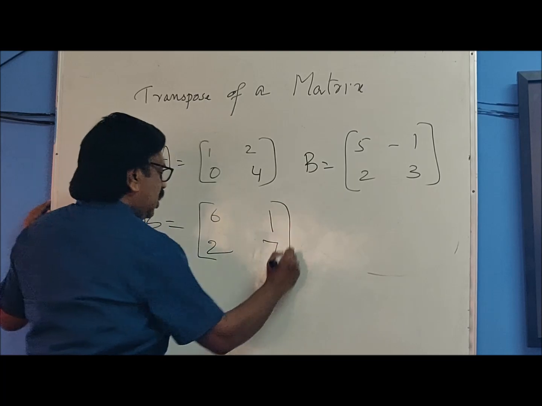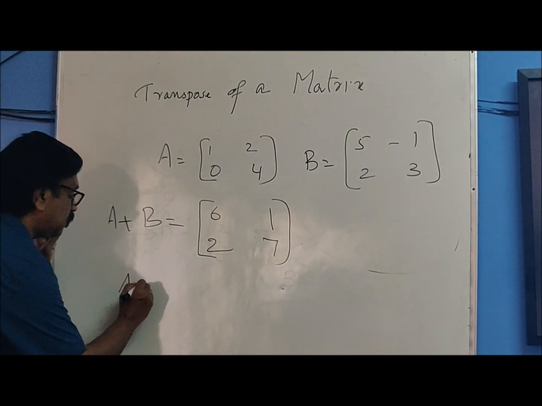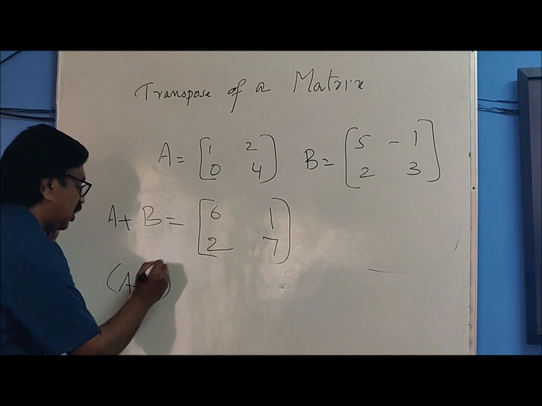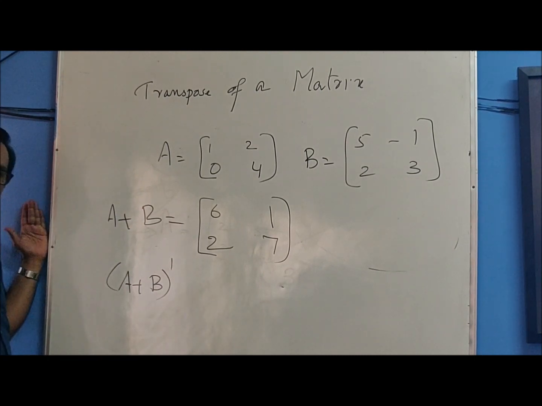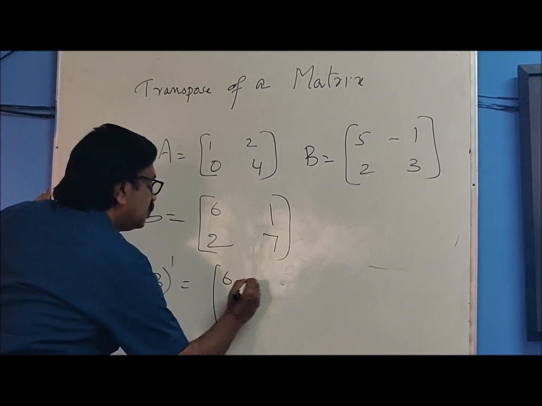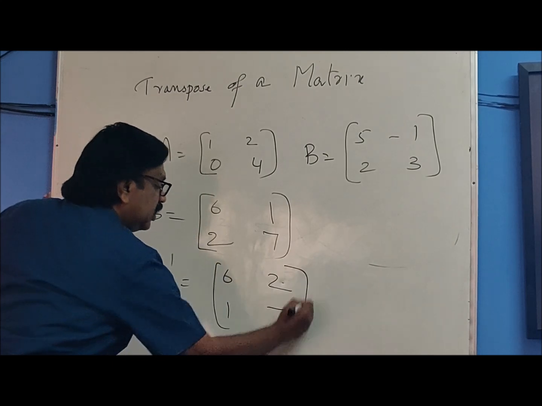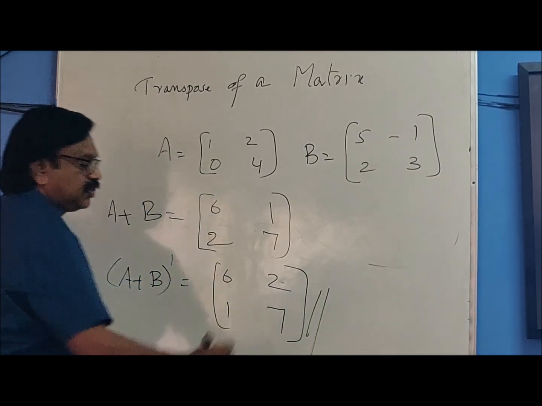This is A plus B. What is A plus B transpose? Transpose means interchanging the rows and columns: 6, 2, then 1, 7. That is A plus B transpose.